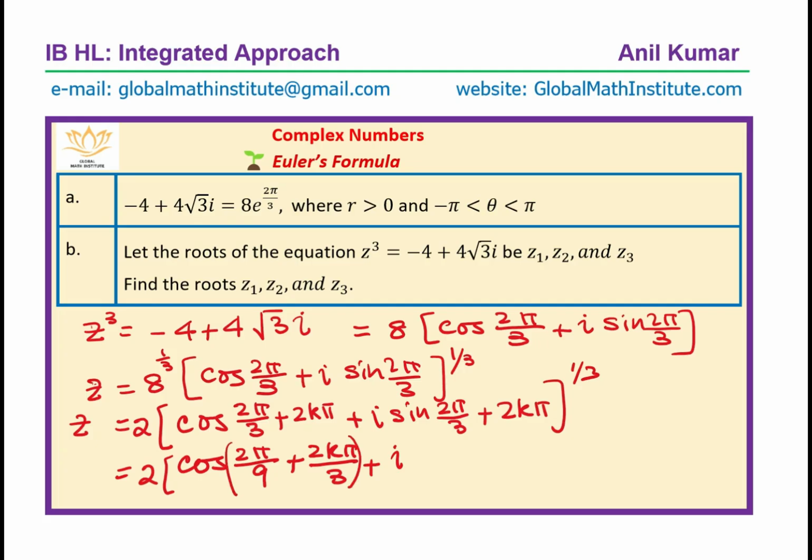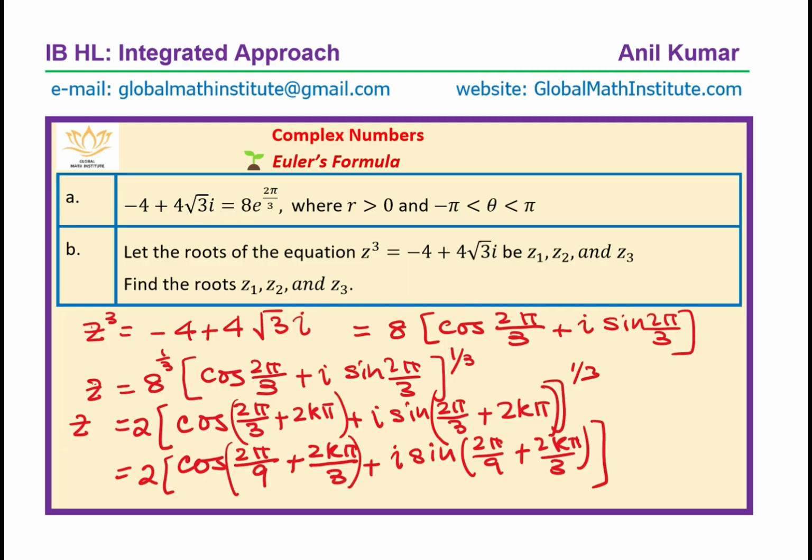Let me put this in brackets: 2 pi by 9 plus 2k pi by 3. Correct. So that becomes our equation.